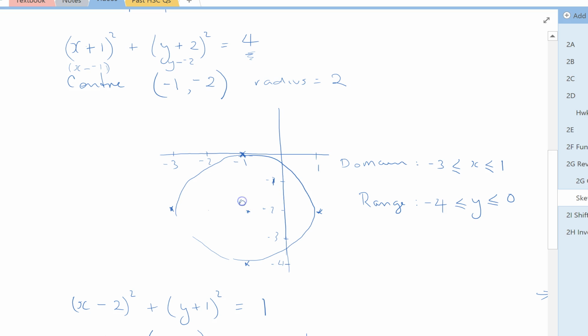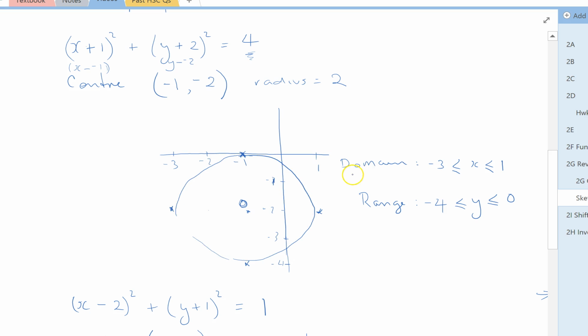And by the way, we usually put a 0 to identify the centre. And I've now got a radius of 2. So from the centre I go 2 units to the right, 2 units down, 2 units to the left, and 2 units up. When I've got my 4 points, I join them up.